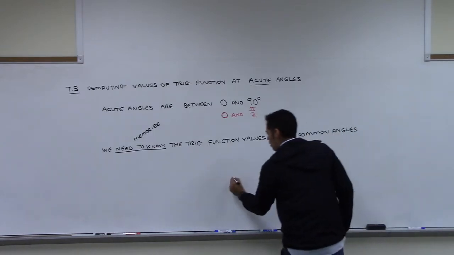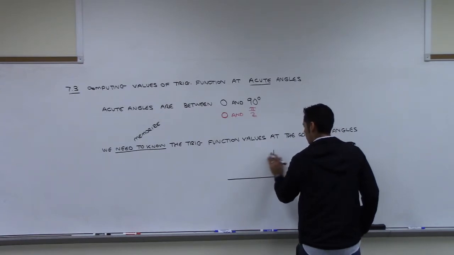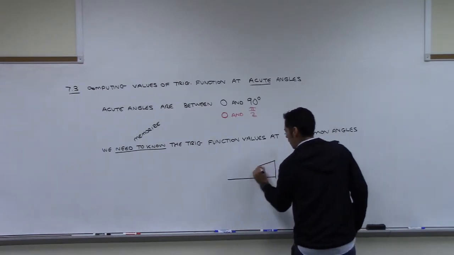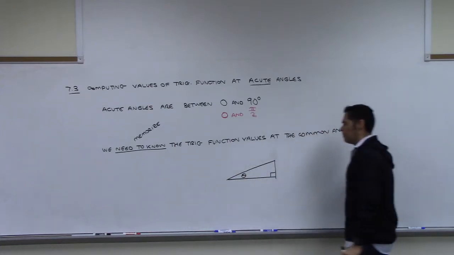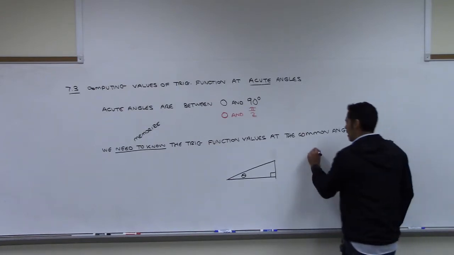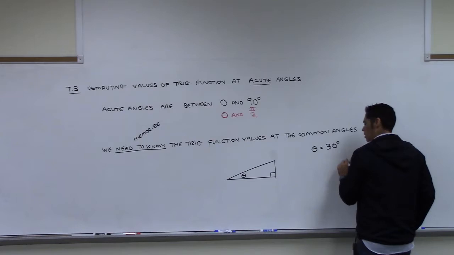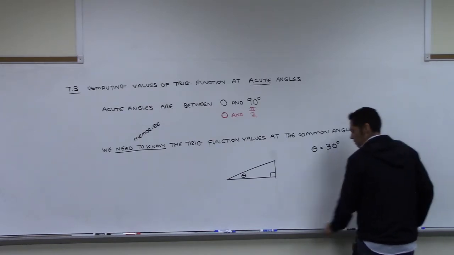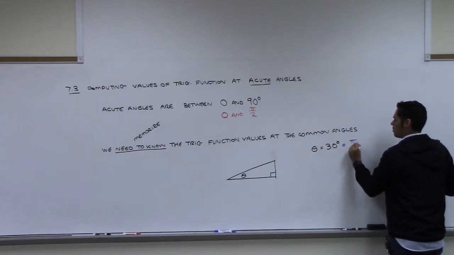So if I draw a triangle, a right triangle, and we call this angle here theta, and I tell you that theta is 30 degrees, which is what in radians? Pi over 6.